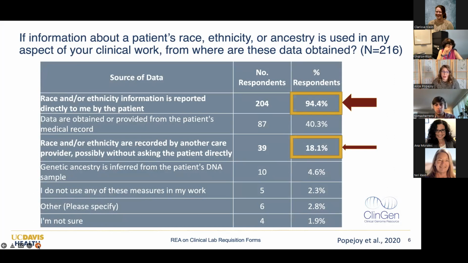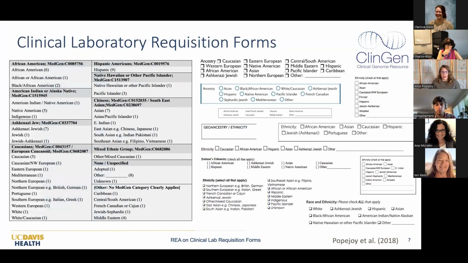So it still is pretty important to understand what's going on and how people are using these self-identified descriptors in clinical genetics practice. So on the right here, these are screenshots from 10 different clinical labs. This was a while back, so it would be really interesting to see how some of the clinical labs have changed their forms.